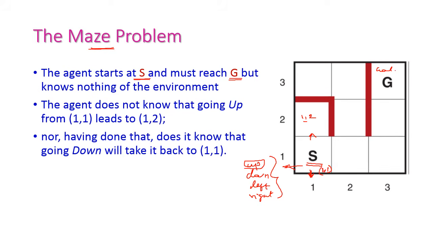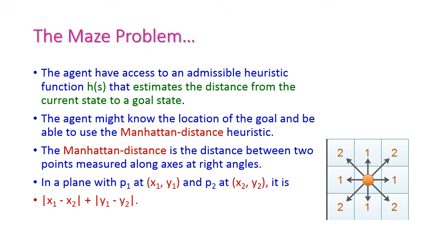Then how will this agent reach the goal state? This is the problem of online searching. The agent can know all these actions, but it cannot know what the next state will be if I apply a particular action on this state.